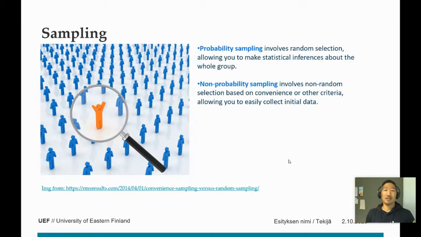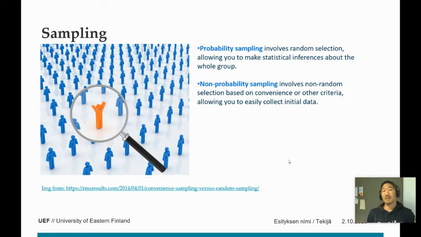And in general, there are two sampling methods named probability sampling and non-probability sampling. The first one involves random selection, allowing you to make statistical inferences about the whole group. And the second one involves non-random selection based on convenience or other criteria, cost efficacy, or time efficacy, allowing you to easily collect the initial data.